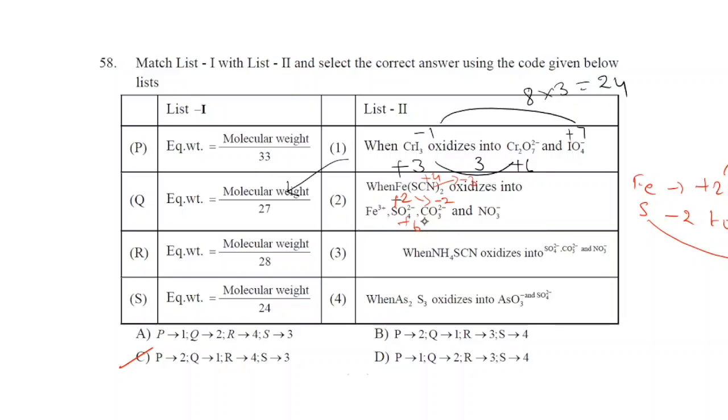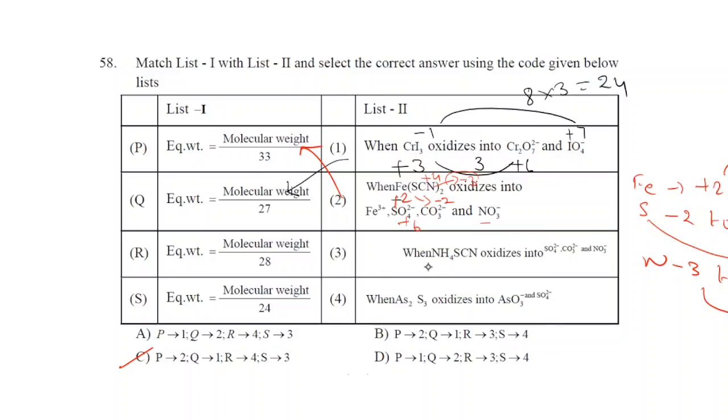And if we consider the nitrogen, the oxidation state of nitrogen is -3, -3 to +5 change, so 8 is the change. As there are 2 nitrogen atoms, you multiply with 2, so 2 into 8 again 16, so 16 plus 16 plus 1, that means 33 you will get. So 2 is matching with the P.